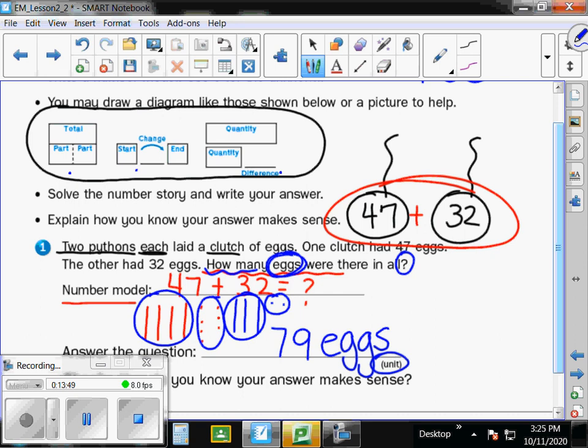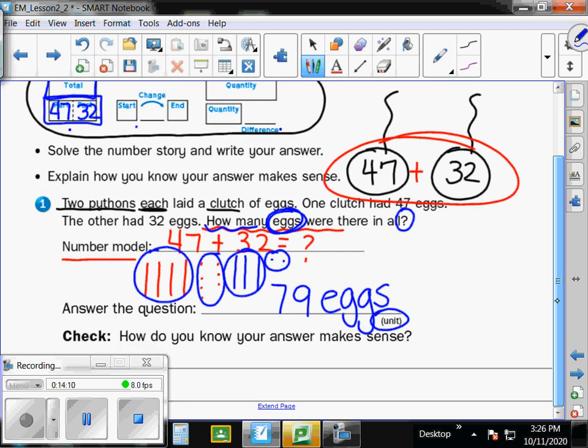There was 2 different clutches of eggs, and I knew in one part was 47 and in the other part was 32. And how do I find the total? Well, if I add these 2 parts together, that's going to give me the total. So you can also plug those numbers into one of those situation diagrams.